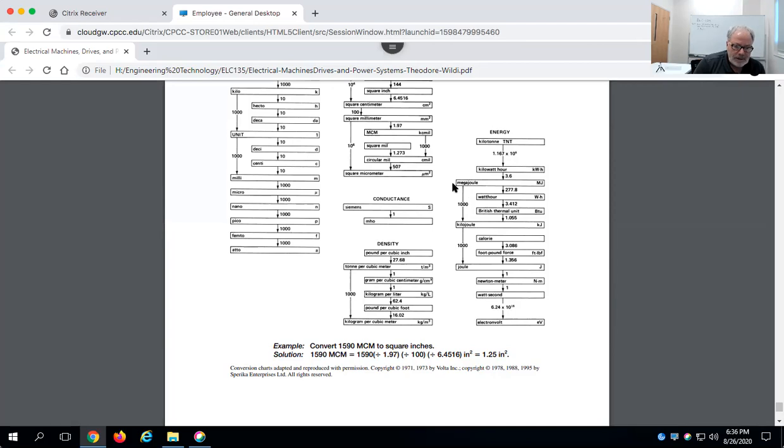We can convert, and if you look where the cursor is, here's one of the conversion charts from the first part of chapter 1. We can convert from megajoules to kilowatt hours by going against the arrow, dividing 50.2 megajoules by 3.6 to give us kilowatt hours.